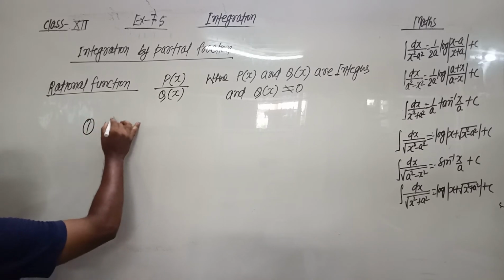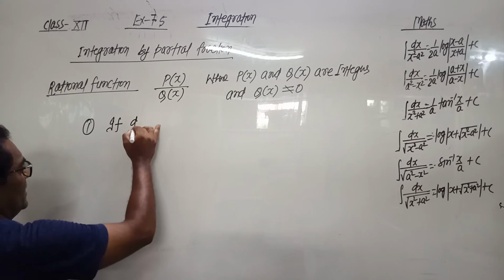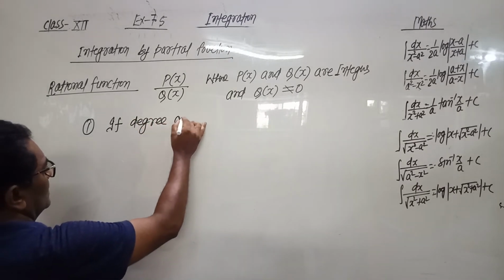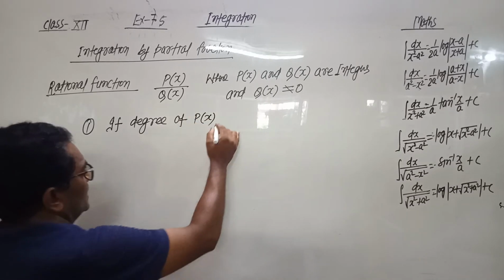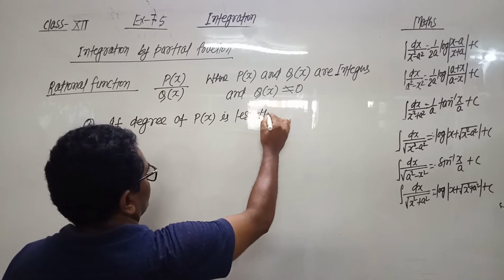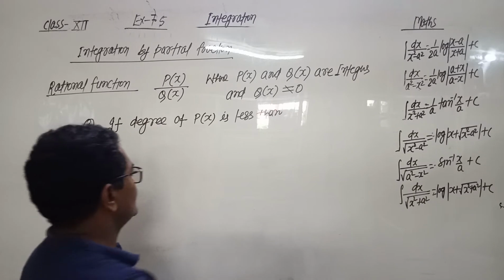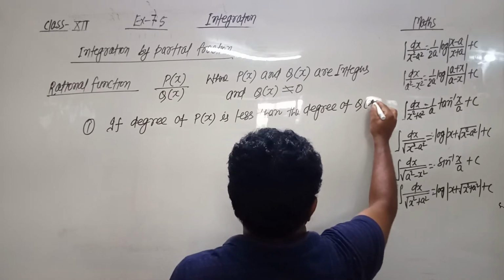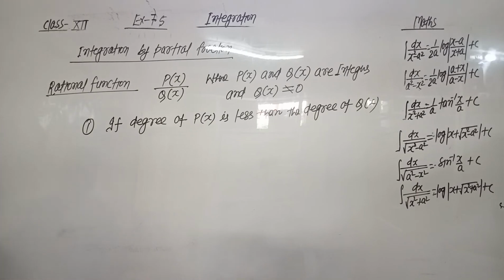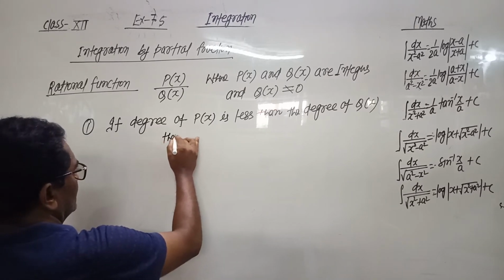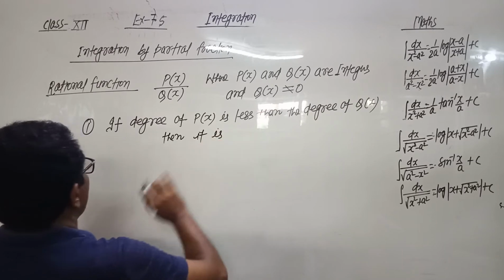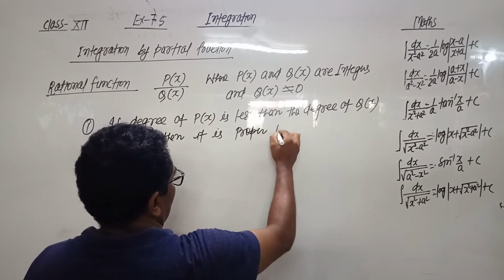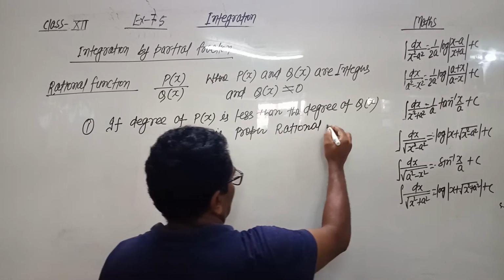So two conditions arise. The first condition: if the degree of px is less than the degree of qx, then the rational function is called a proper rational function.